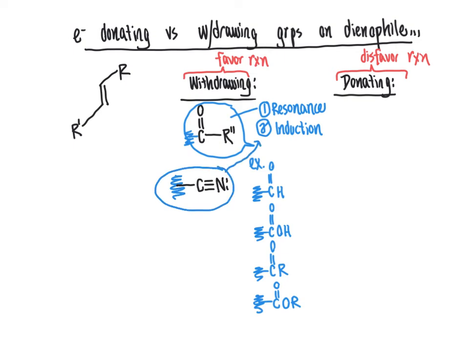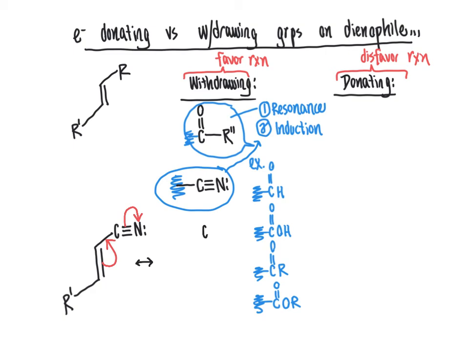And we can illustrate the reason it's electron withdrawing by resonance using the same sort of arguments that we did for our carbonyl group, in that if we place the nitrile group in that R position of our dienophile, we can show there is a second resonance structure that would correspond to pulling electron density away from the alkene group and toward the nitrile group by taking the pi electrons of the carbon-carbon double bond, moving them up to here, and simultaneously taking the electrons from that carbon-nitrogen triple bond and moving one of those pi bonds over onto the nitrogen.